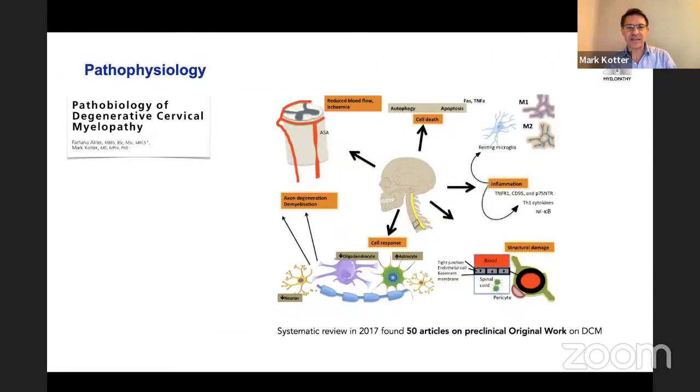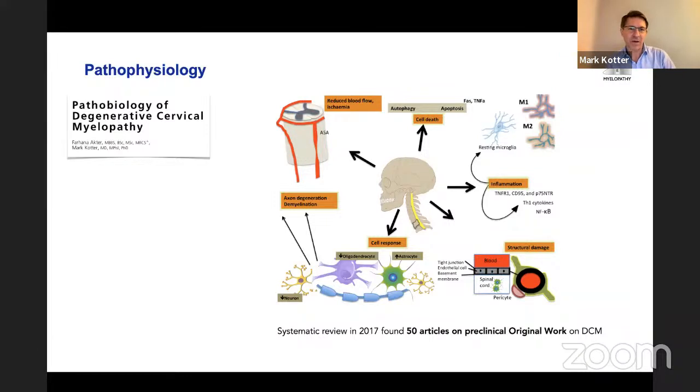In 2017, we did a systematic review of all the basic science papers that have been published there. And the astonishing thing was there were exactly 50 papers that we discovered.